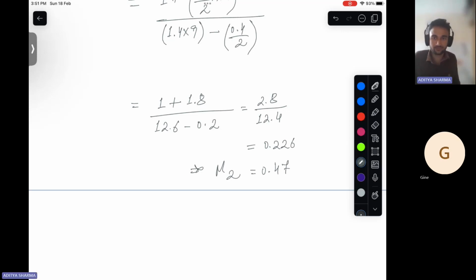Yes. So I'm getting this. Harshit is also getting this. And what is Ginny getting?